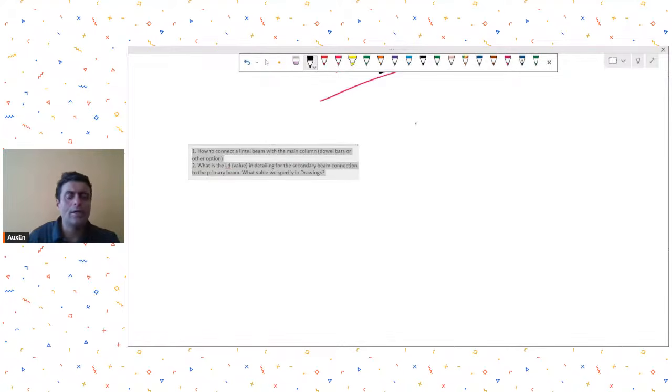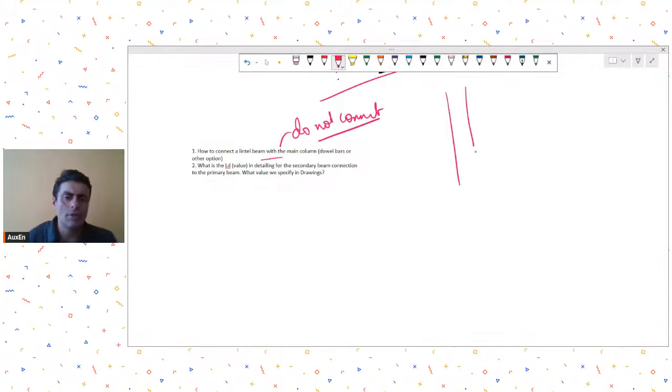See, if you are in a high seismic zone, do not connect a lintel beam with the main column. Just keep your lintel beam only for your wall support, opening support in your load bearing masonry walls. Only for that you give that lintel beam.